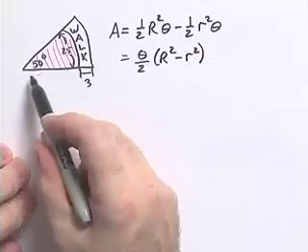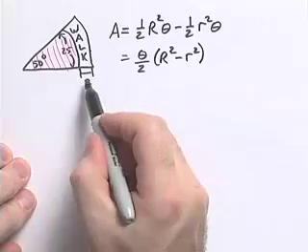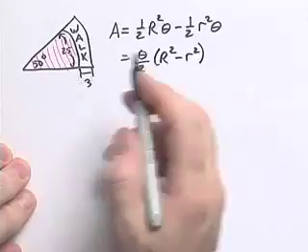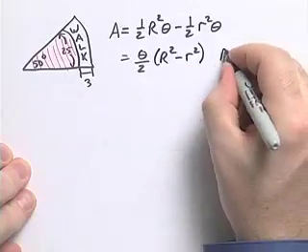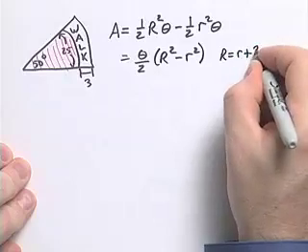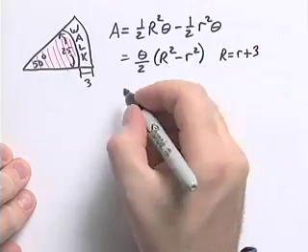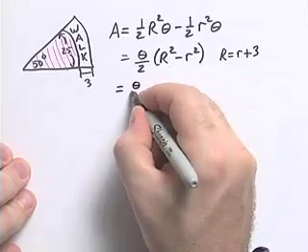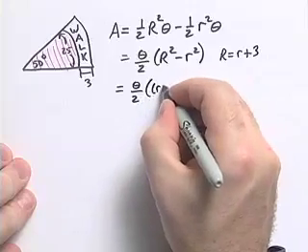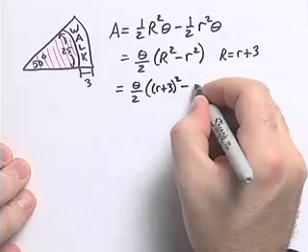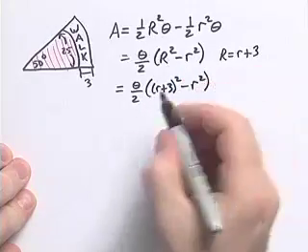We see that the larger radius, the radius of the large sector, will be 3 feet longer than the small radius. That is, capital R is equal to little r plus 3. We can substitute that into our equation. We'll get theta over 2 times little r plus 3 squared minus r squared.